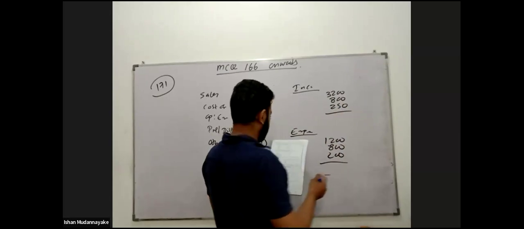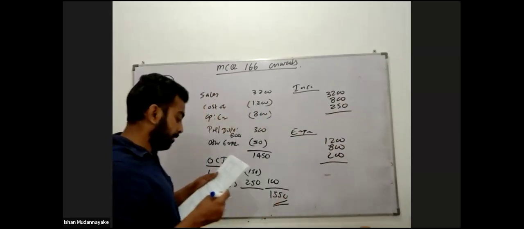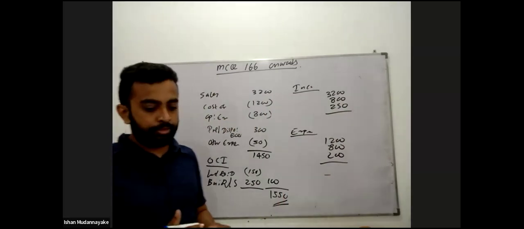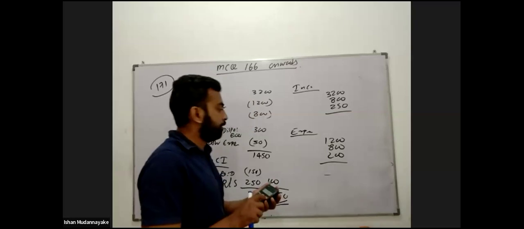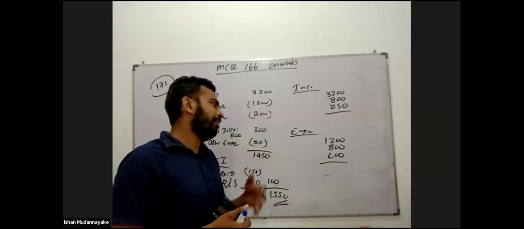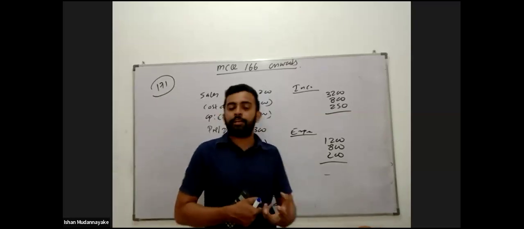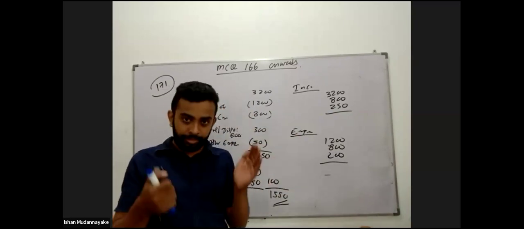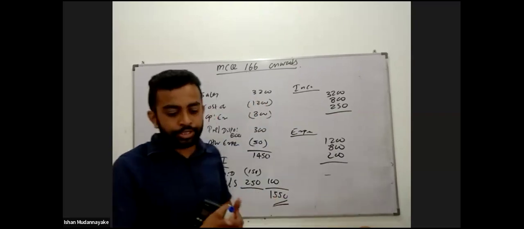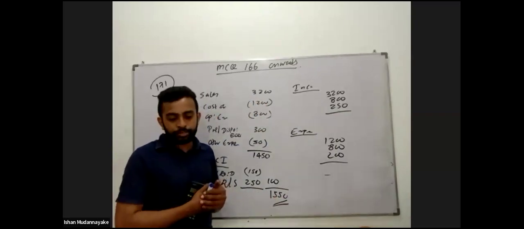Income and expenses during the year. If the examiner asks you to calculate total income, the revaluation surplus in the current financial year also needs to be considered as income.